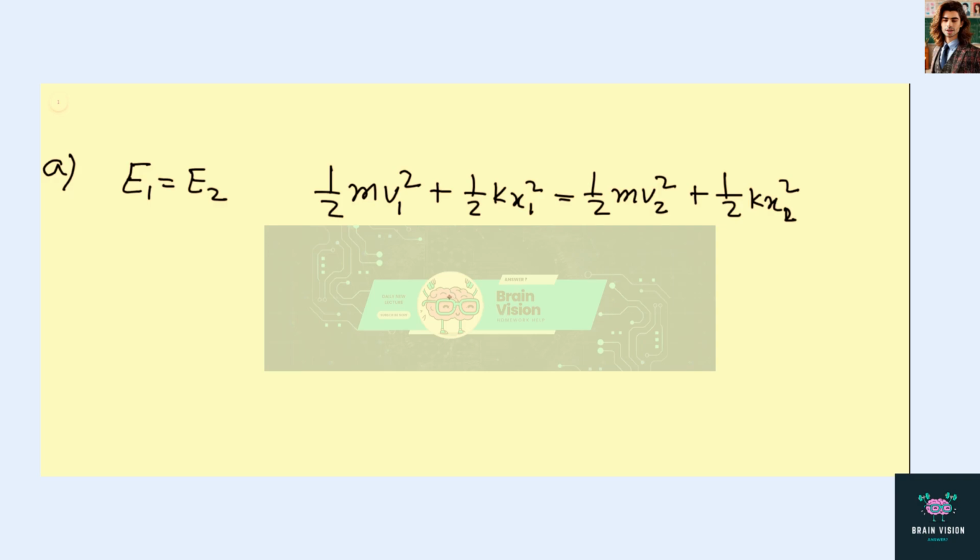And from there, we see that initially x1 is 0, so that's why the potential part goes away. And finally, v2 is 0, so the kinetic part goes away. So we have half m v1 squared is equal to half of k x2 squared.